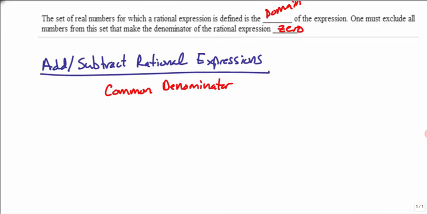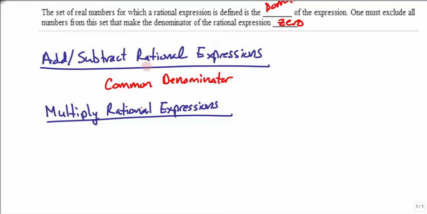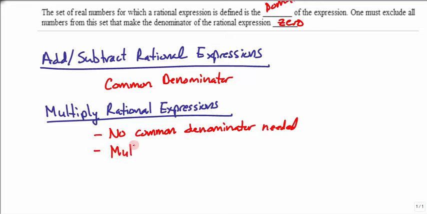Now when we multiply rational expressions, it's pretty easy. We just multiply straight across. No common denominator needed. Numerator times numerator, denominator times denominator.